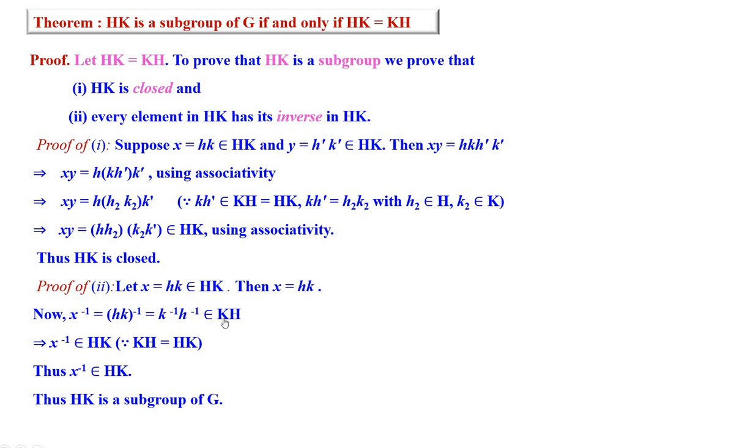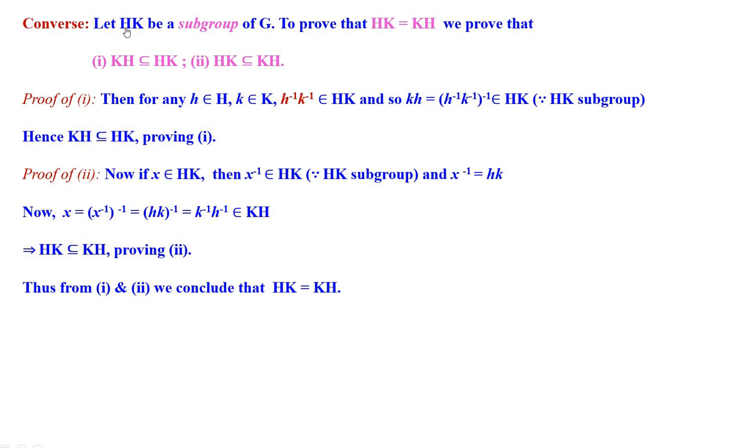Now X inverse belongs to KH, but KH is equal to HK. So X inverse belongs to HK. So for X in HK, we have proved that X inverse is also in HK, and therefore HK is a subgroup.